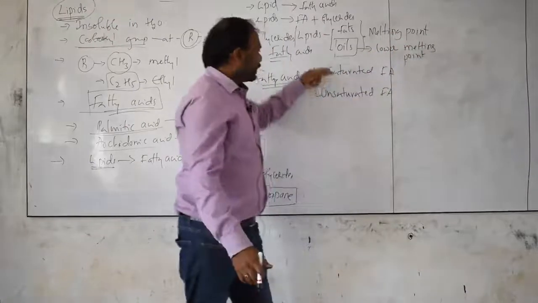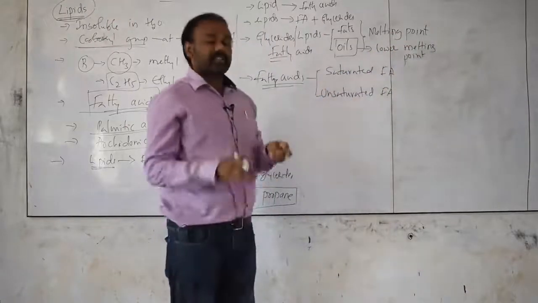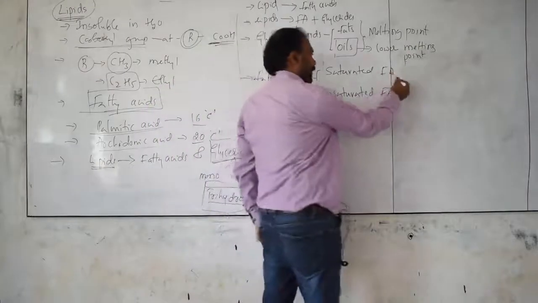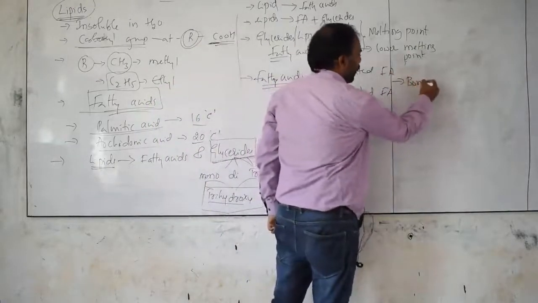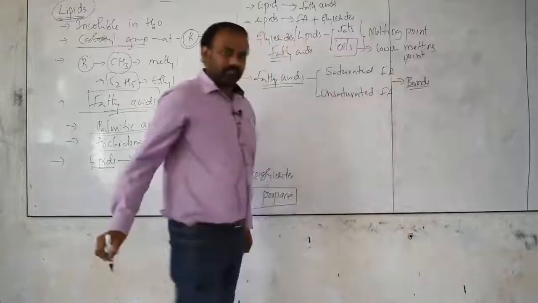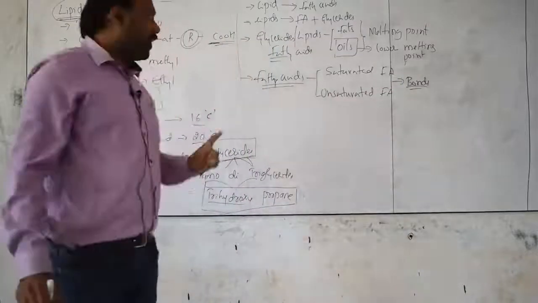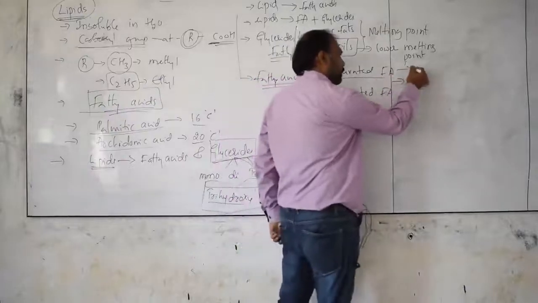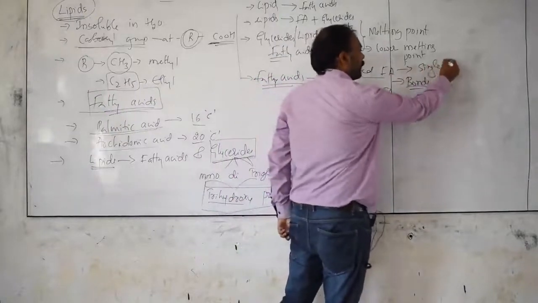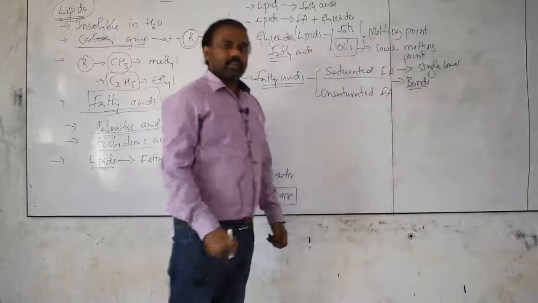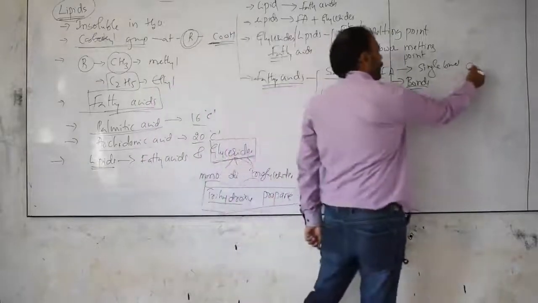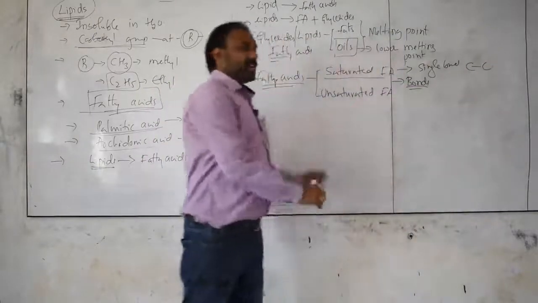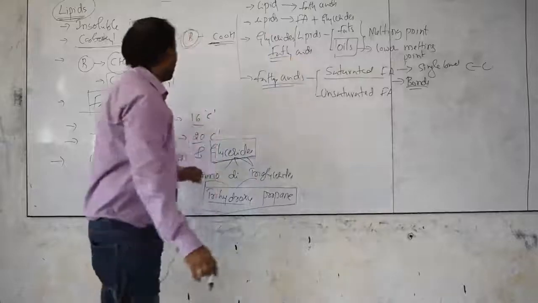At the same time, saturated and unsaturated fatty acids, this classification is based on the number of bonds present. Here the saturated fatty acids is nothing but single bond. Clear this? Carbon to carbon single bond is considered as saturated fatty acids.